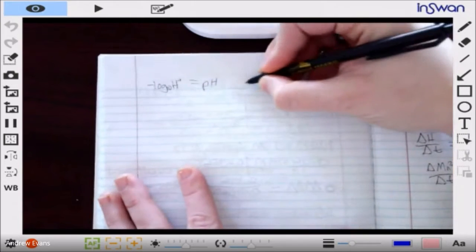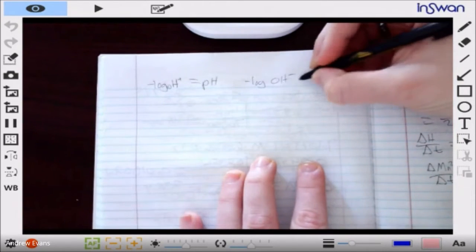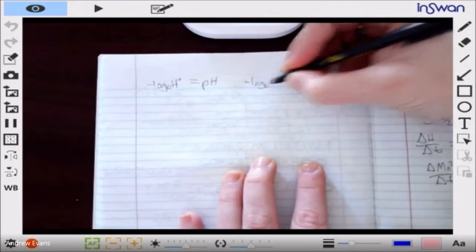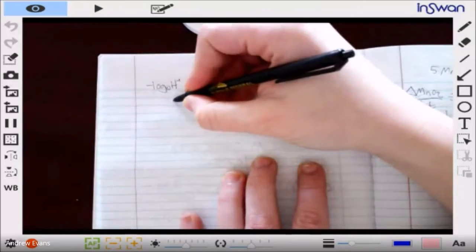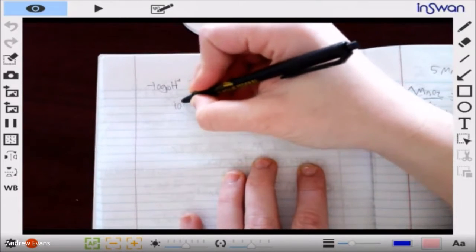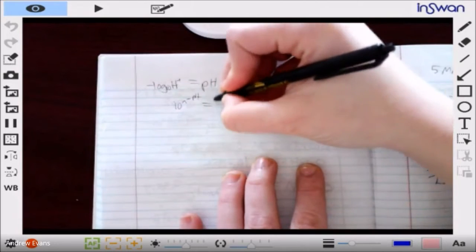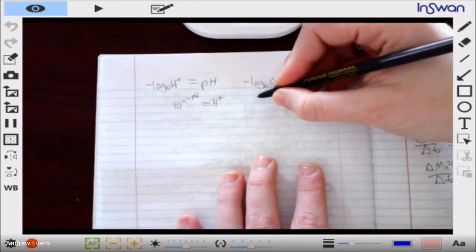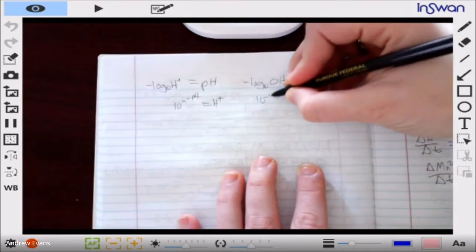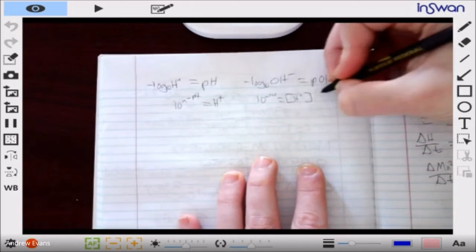The negative log of OH minus would give us the pOH. And to go backwards, 10 to the negative pH gives us our concentration of H plus. We can relate all these things to the Kw: 10 to the negative 14th equals H plus times OH minus.